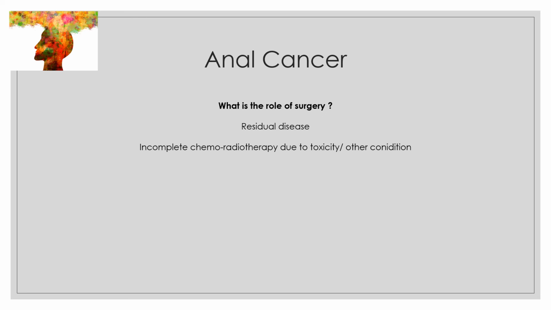If there is incomplete chemoradiotherapy due to the toxicity of the chemo or any other conditions such as transplant patients who couldn't complete the chemoradiotherapy, or had radionecrosis, then radical anorectal excision can be done with flap reconstruction. Incontinence and fistula can also have APER, which is abdominoperineal resection with flap reconstruction.